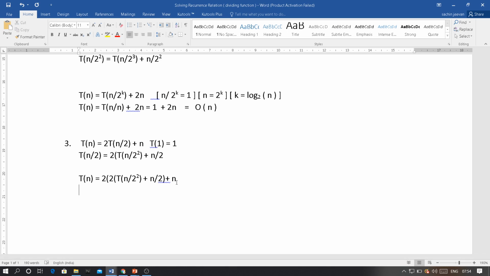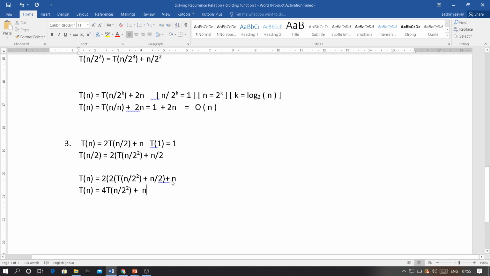Now how will this change? T(n) is equal to 2 multiplied by 2T(n/2²), which is 4T(n/2²), plus 2 multiplied by n/2. What is 2 multiplied by n/2? The 2 and the division by 2 both get cancelled. The remaining answer will be n.